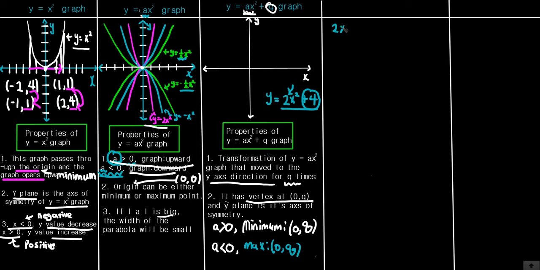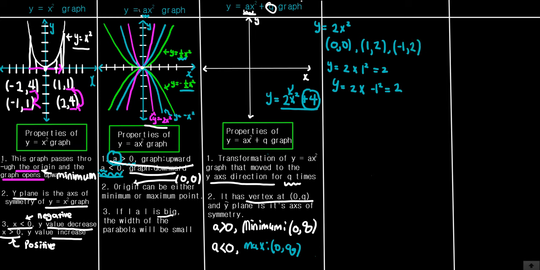For y = 2x², if you input 0 for x, it will turn into 0. Let's use easy points to graph. For x = 1, y = 2 times 1², which is positive 2. Now for x = -1, y = 2 times (-1)², which is also equal to 2.